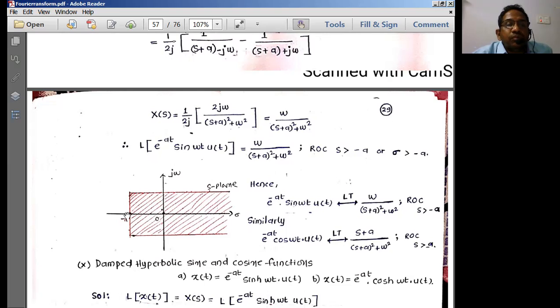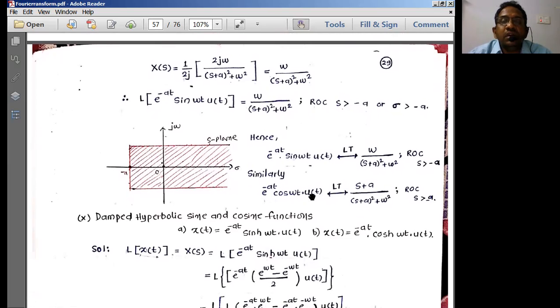Before 0 I'll be having minus, after 0 I'll be having plus 1, plus 2, plus 3, plus 4, so on up to plus a. Here it is going to be minus 1, minus 2, minus 3, so on up to minus a. So I'll be having a minus a line. Then ROC is going to exist for all the values which are greater than minus a. We'll simply hash these particular lines, right? So this is the sine function's Laplace transform in its ROC.